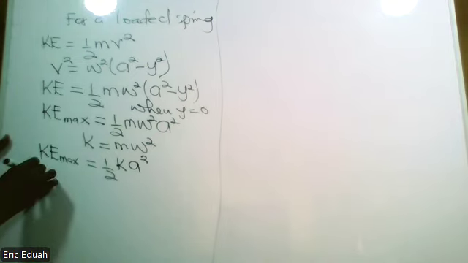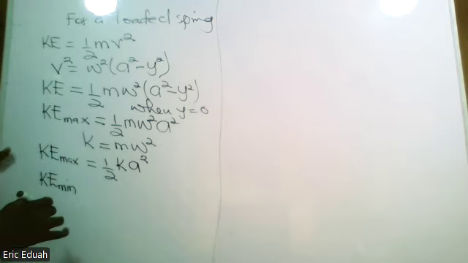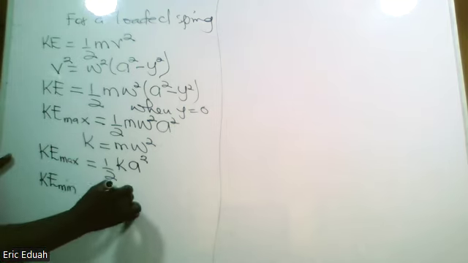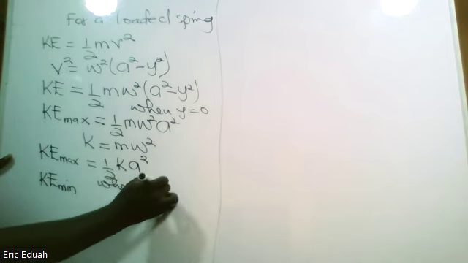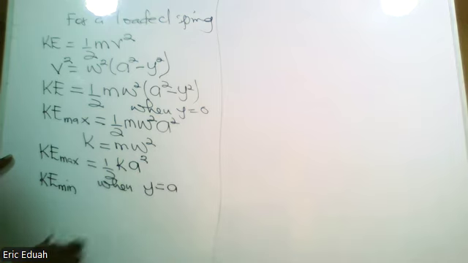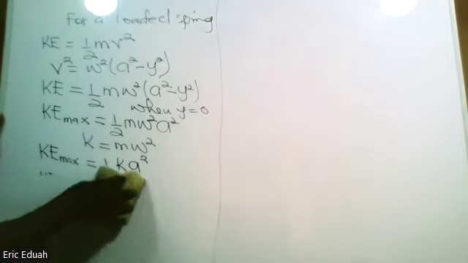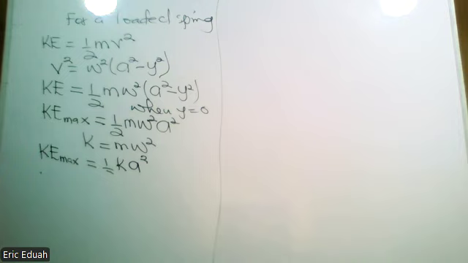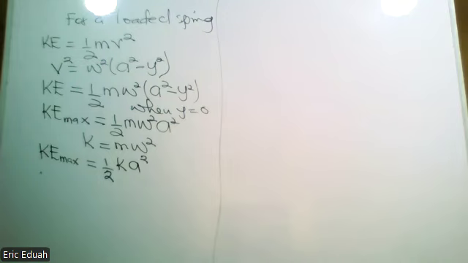Minimum occurs when y is equal to a. Now, before we look at the minimum, we are reviewing what we went through last time. So half k a squared.